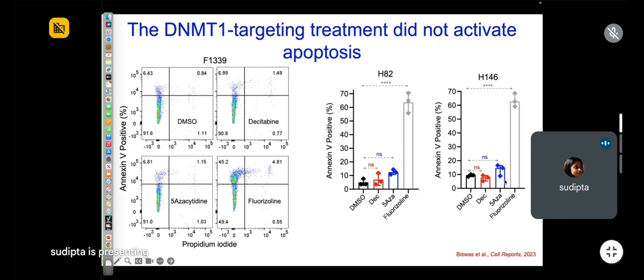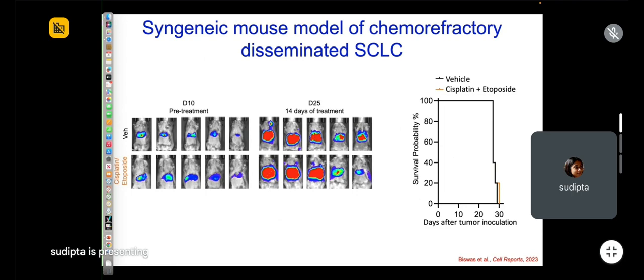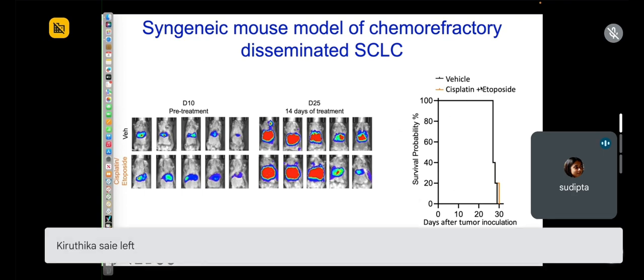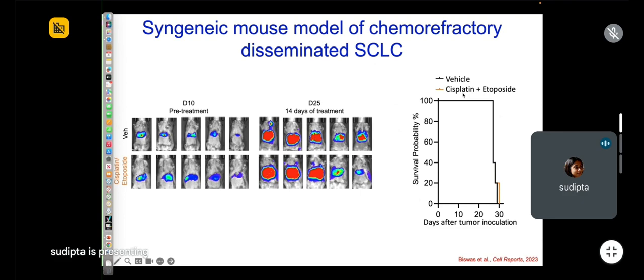So it is non-cytotoxic. Now the question is, all of this is in vitro, so does it work in the mouse, in vivo? We first checked in the animal model the standard chemotherapy drugs, cisplatin and etoposide, versus vehicle, and you can see from the images that there is no indication of reduced tumor growth.